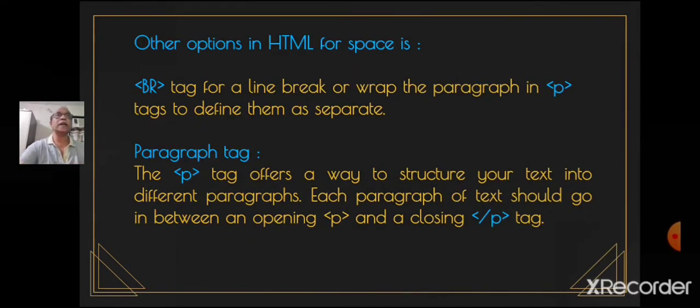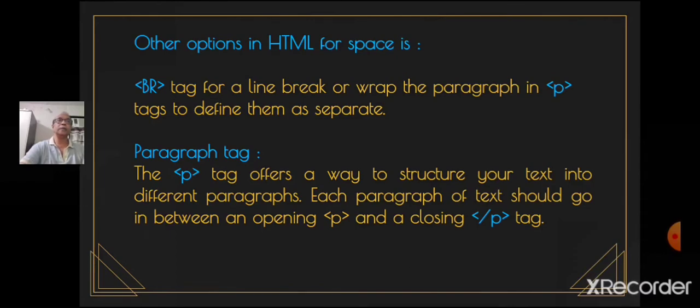Other options in HTML for space: in some cases, if we want to add space in HTML to separate parts of the text, then we can either use BR tag for a line break or wrap the paragraph in P tags to define them as separate. So students, when can we use other option?